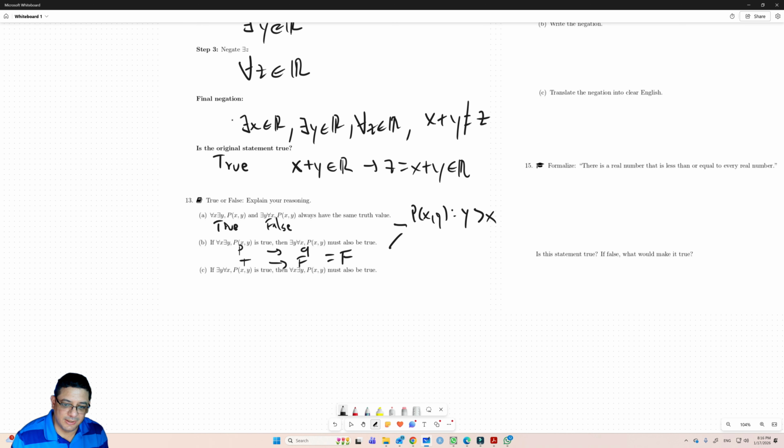The second statement here is weaker than the first. This is much stronger, and this is going to be an implication of the sort true implies true. If this is true, then by definition this will be true as well, and this is a true implies true implication, so this is going to be true. Once again, regardless of what p of x y is.